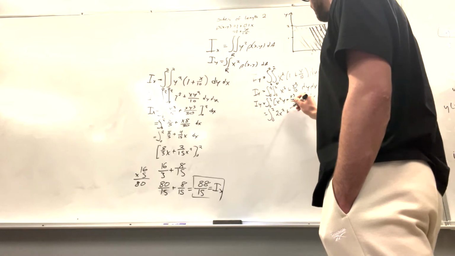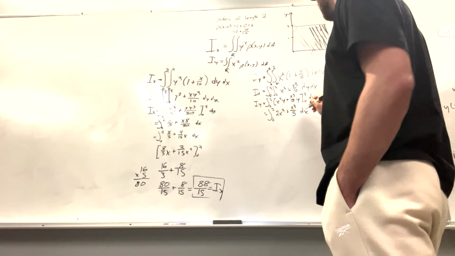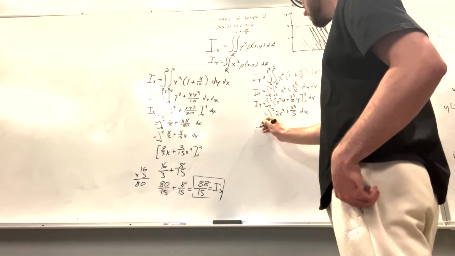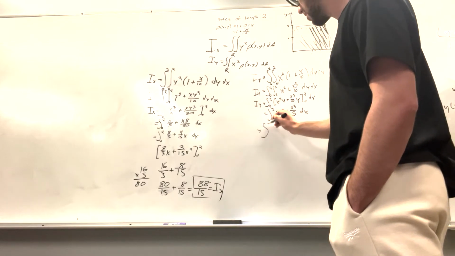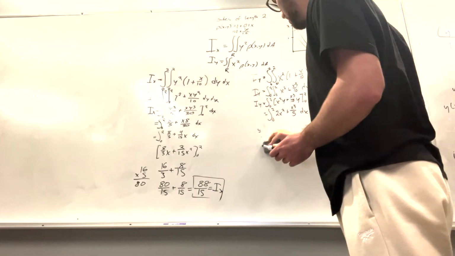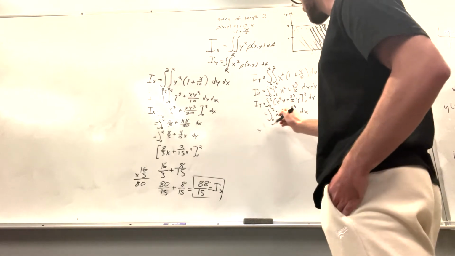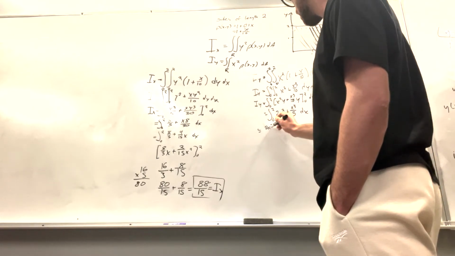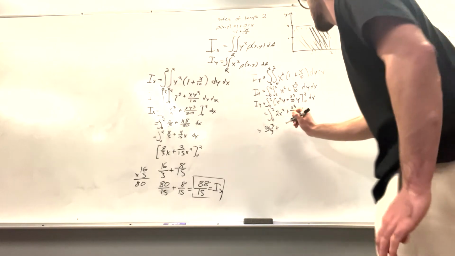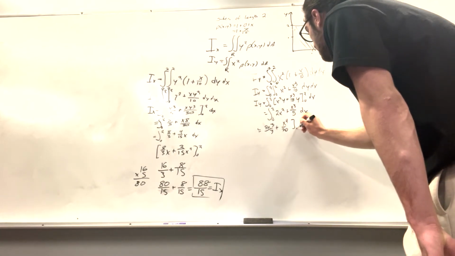X squared plus, and we're going to solve this integral. So this is going to be 2x to the third over 3 plus x to the 4 over 20, from 0 to 2.